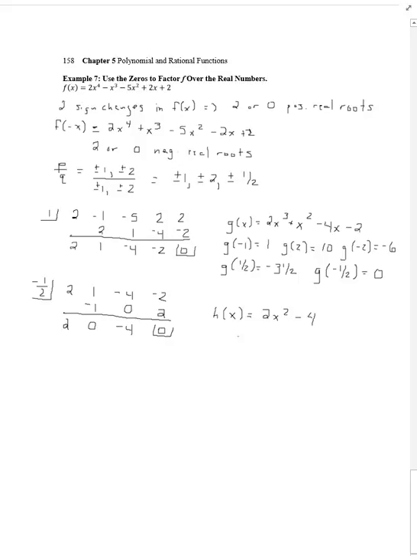Now, this actually factors. So, if we take out a 2, we're left with x squared minus 2. And if we set that equal to 0, we get x squared minus 2 equals 0. So x squared equals 2. And by the square root property, we get x equals plus or minus the square root of 2.